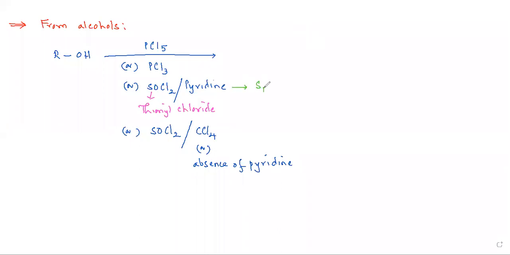With the thionyl chloride in pyridine, the mechanism followed is SN2, and in this case the mechanism followed is SNi, nucleophilic substitution internal. Okay, now finally the product formed in all the different cases is alkyl chloride.